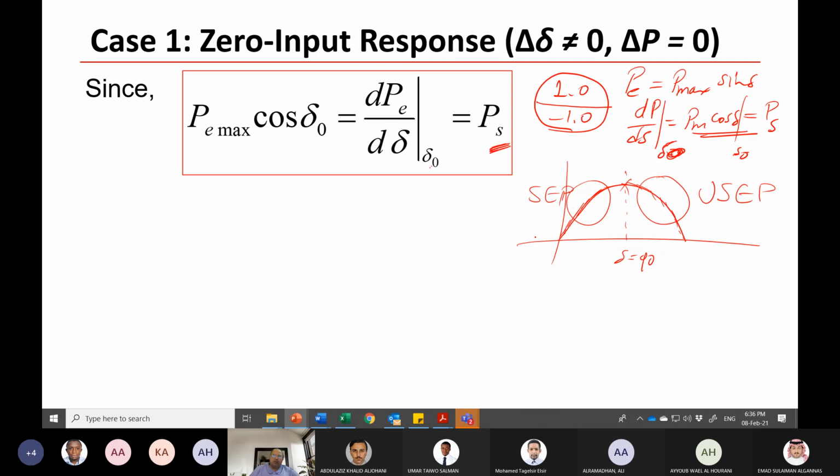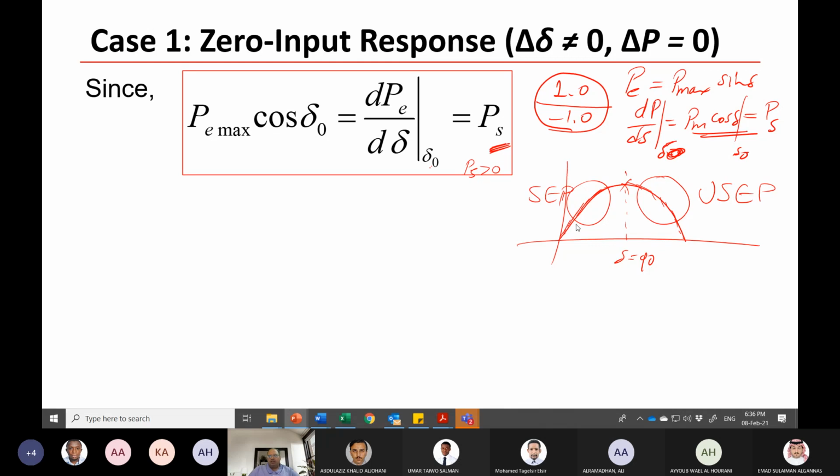So you can say the condition for stability is that BS must be greater than 0. Okay? This is the synchronizing power coefficient.